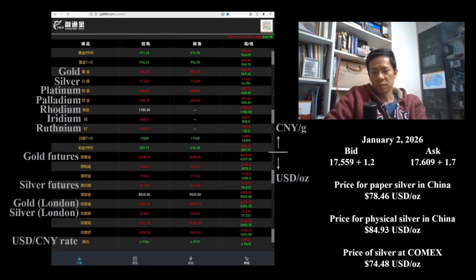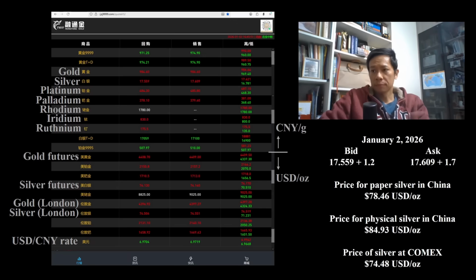I'm just using 6.97, and that will give us the equivalent of $78.46. If we compare that to COMEX, the price at COMEX for paper silver is $74.48. So the price here in Shanghai is a little bit over 5% higher than the price at COMEX.